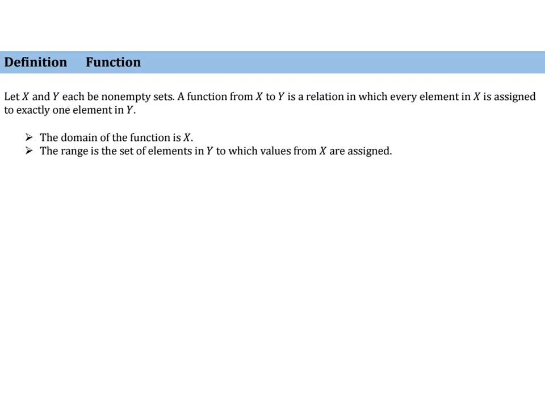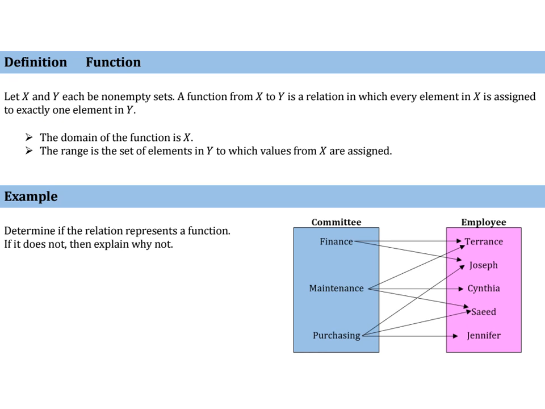So what is a function? A function is a special type of relation, and it's a relation in which every element in the domain is assigned to exactly one element in the range. So each X value goes to exactly one Y value. So here we have a relation. Notice finance, maintenance, and purchasing consist of the domain, and Terrence, Joseph, Cynthia, Saeed, and Jennifer consist of the range.